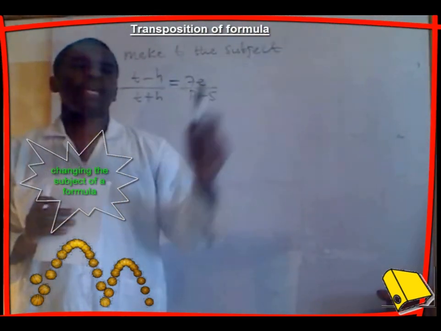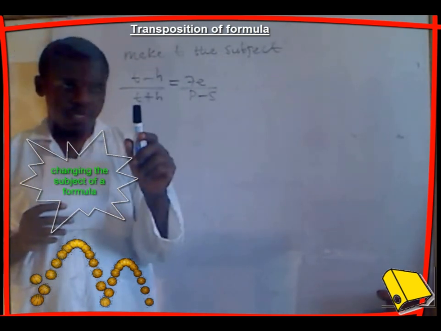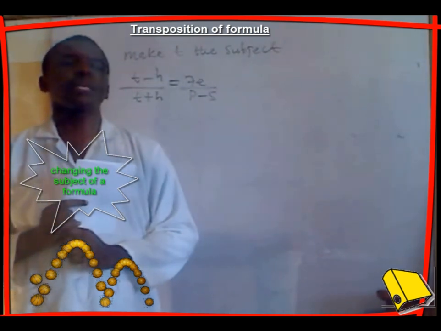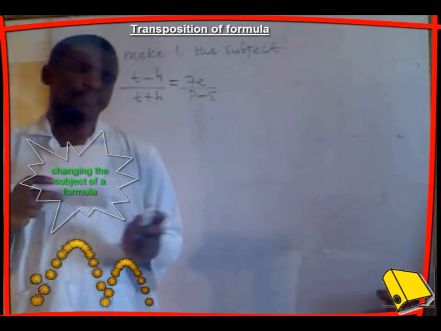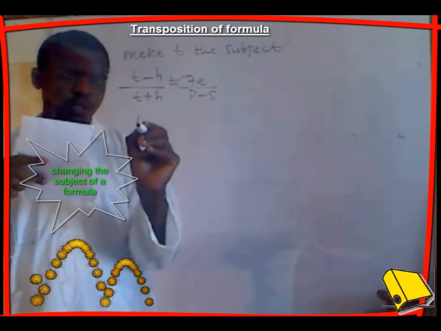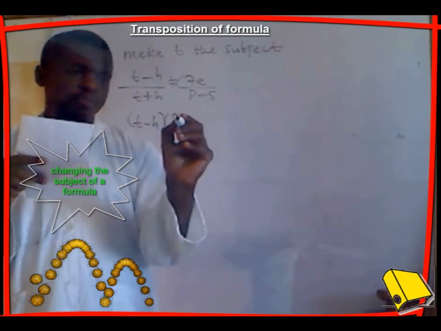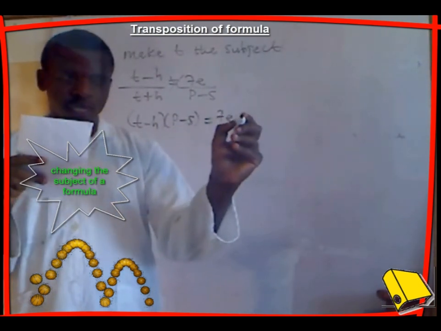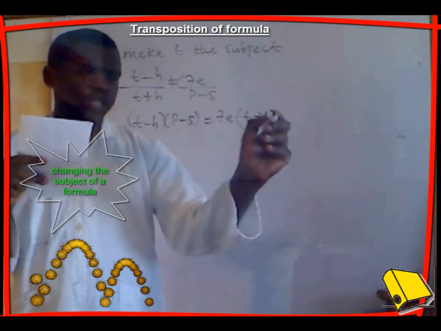Make t the subject in the formula t minus h divided by t plus h is equal to 7e divided by p minus s. We start here by cross multiplying. This will give us t minus h times p minus s is equal to 7e times t plus h.